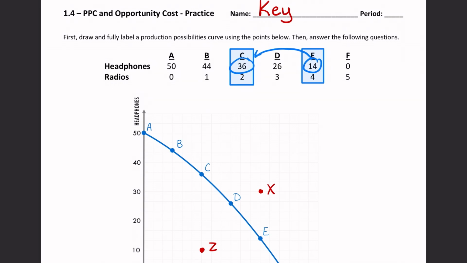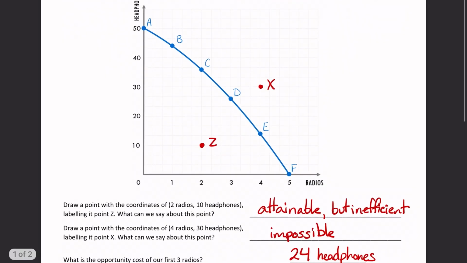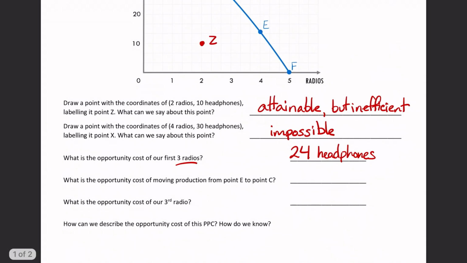We're going from 14 headphones up to 36, so we're gaining 12 headphones, but opportunity cost, or just any cost, is what we have to give up. And our number of radios would drop from 4 down to 2. So we would be giving up 2 radios. So our opportunity cost is 2 radios. But again, it's because we're moving from E to C. We have to pay very close attention to the direction that we're moving. So 2 radios.